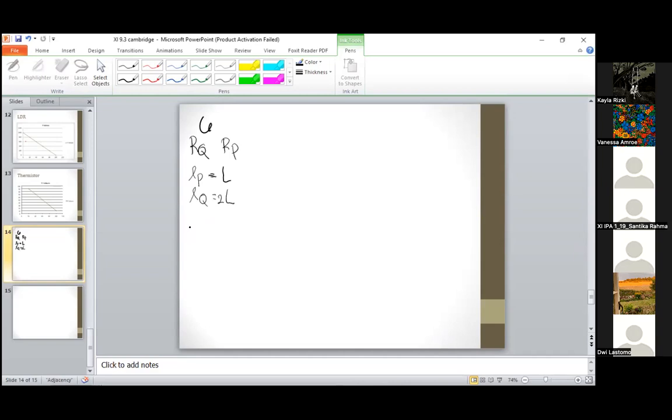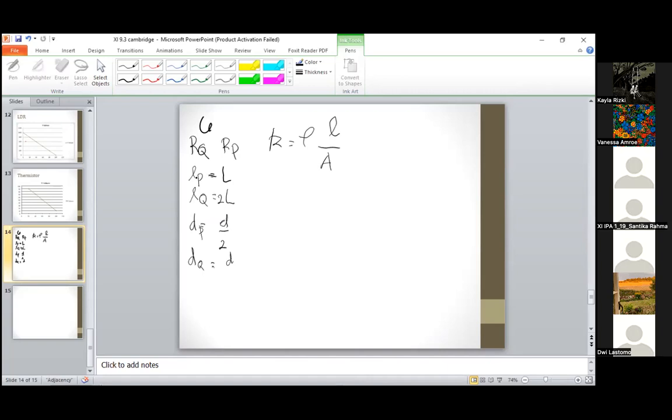The diameter of P is D per 2, and the diameter of Q is D. So, after we know this equation, R equals rho L per A.